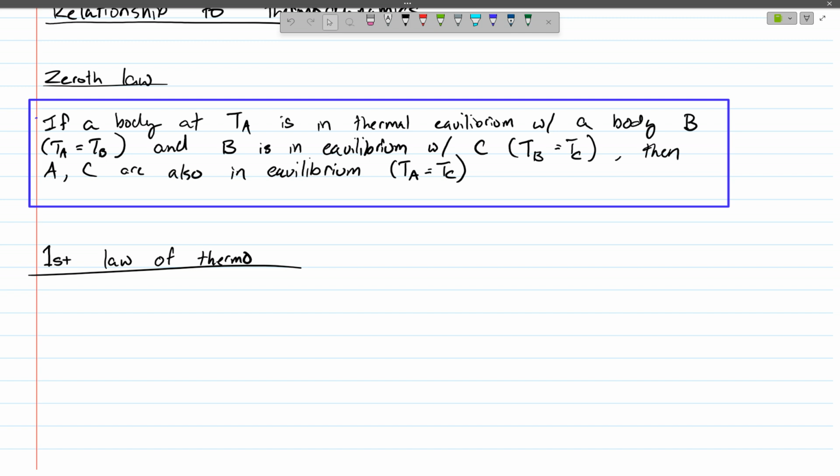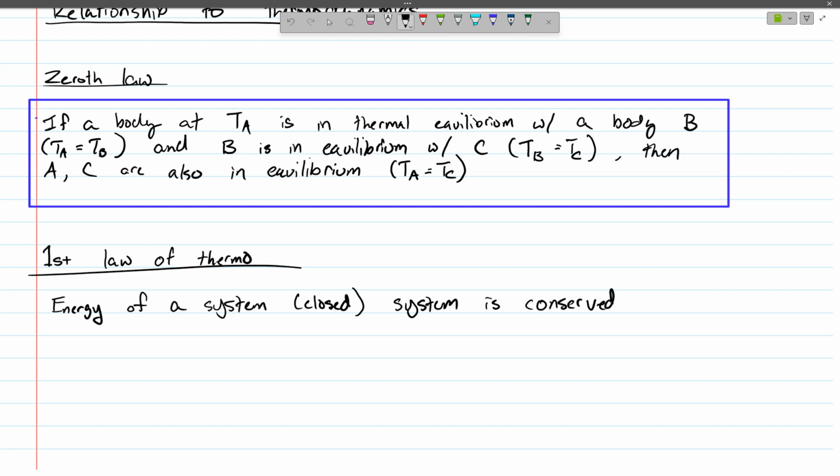So the first law has to do with, basically, yes, conservation of energy. The energy is conserved in a system. Energy of a closed system is conserved.